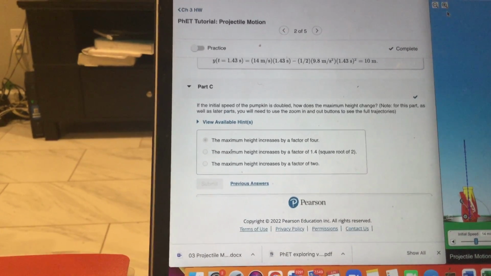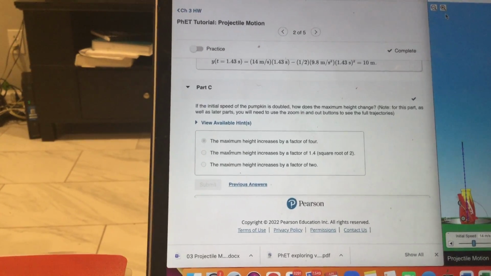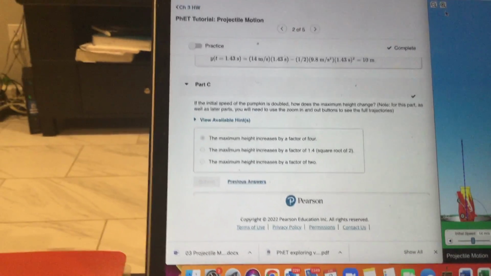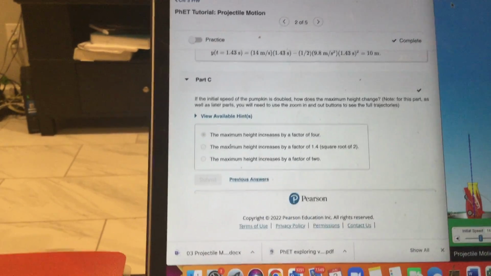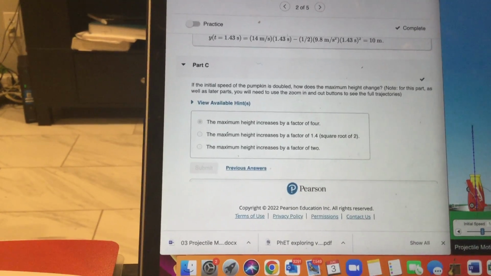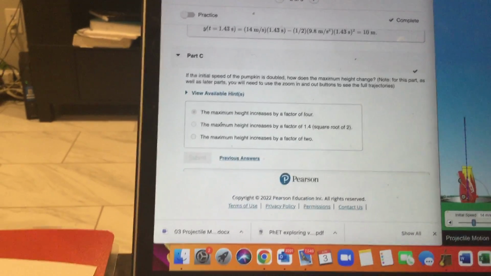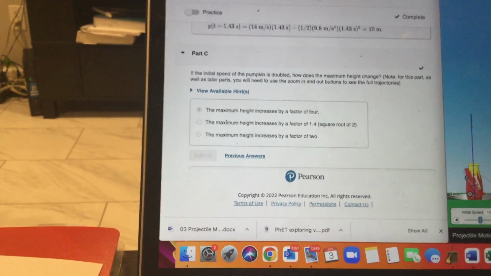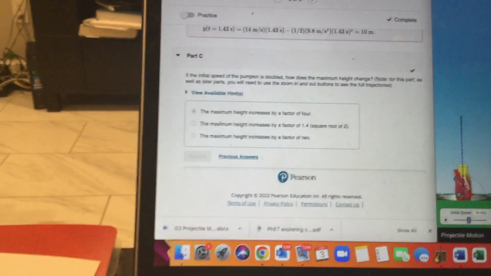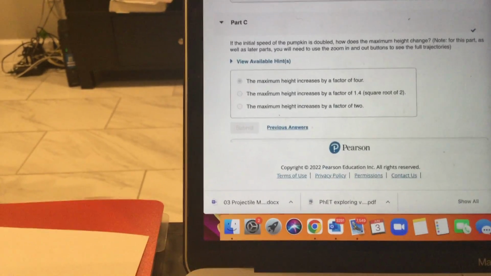So we know the velocity is doubled, and we know that it will take twice as long to reach the maximum height. We know that velocity times time equals the distance.